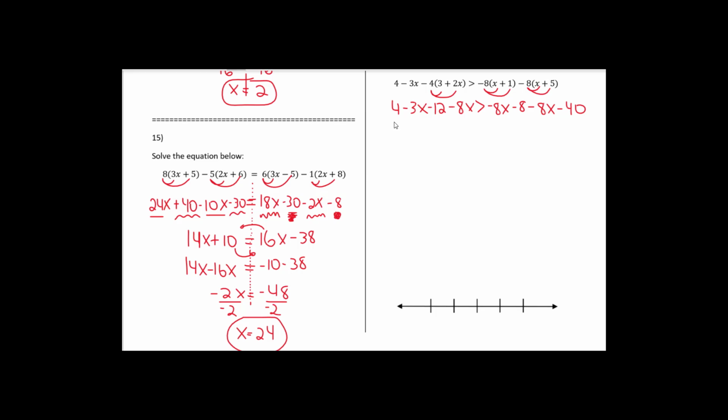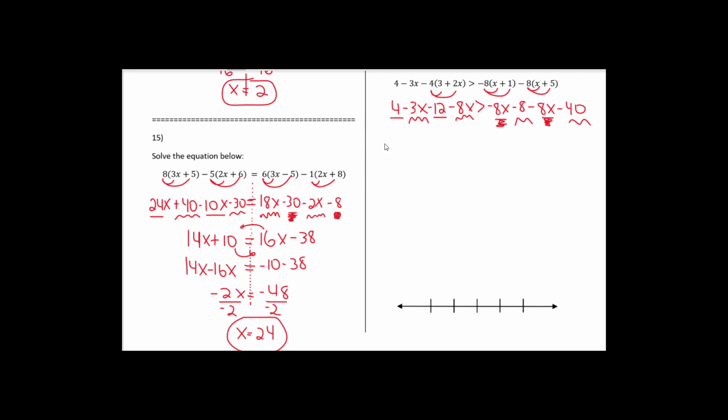Now we're going to combine like terms. So 4 is going to combine with 12. Negative 3x is going to combine with negative 8x. On this side, we have negative 8x and negative 8x that can combine. And then we have negative 8 with negative 40.